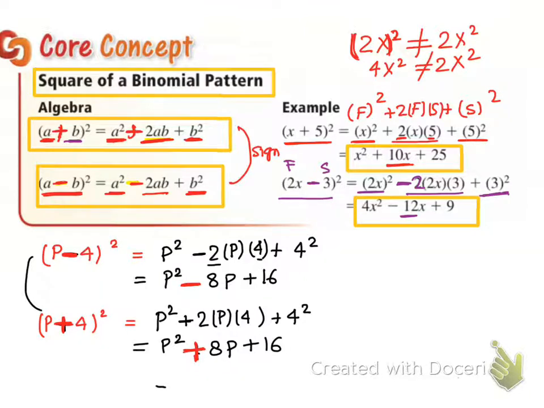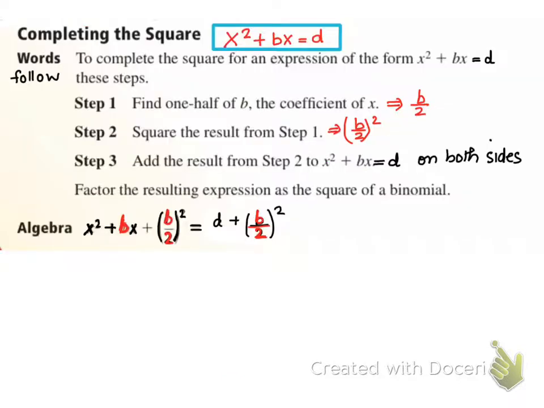Then another skill you need here would be completing the square, and that's something again going back to your algebra 1. What happens here, you're supposed to complete the square of an expression of the form x square plus bx equal to d. You have to follow these steps. First you have to find your b.